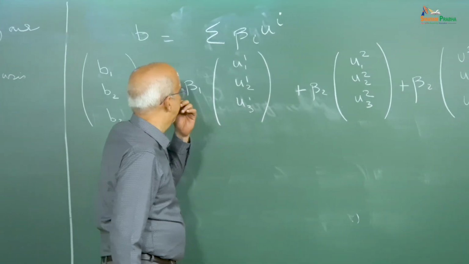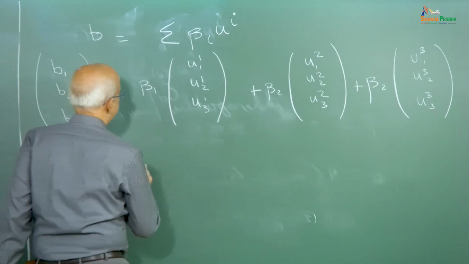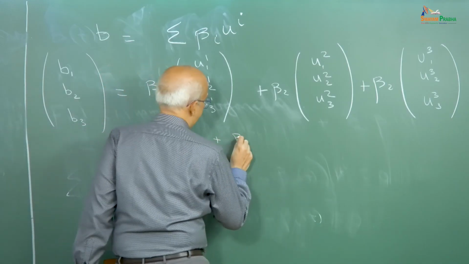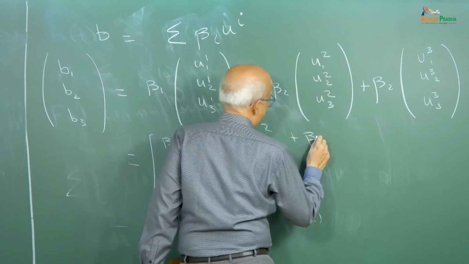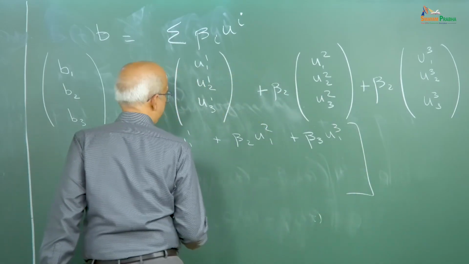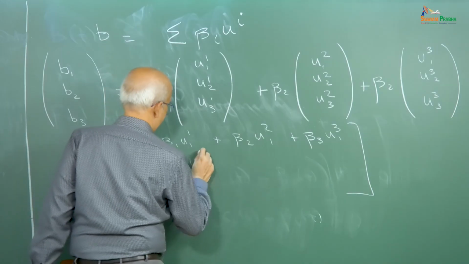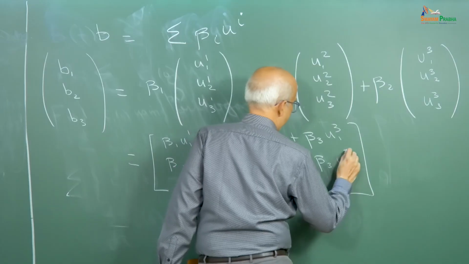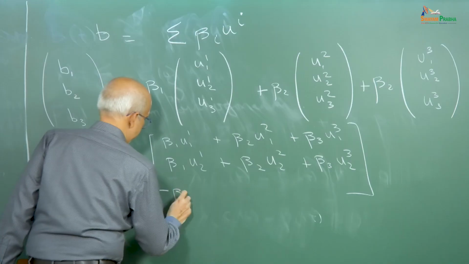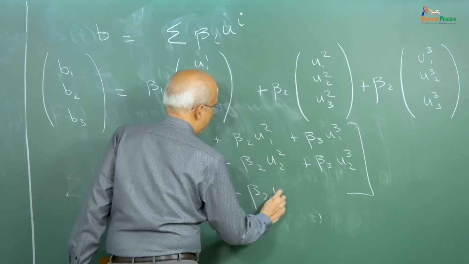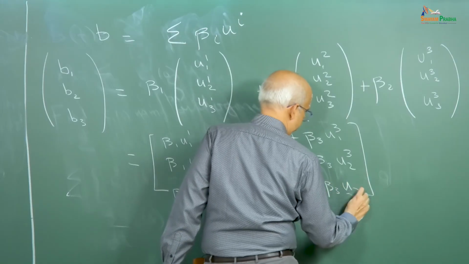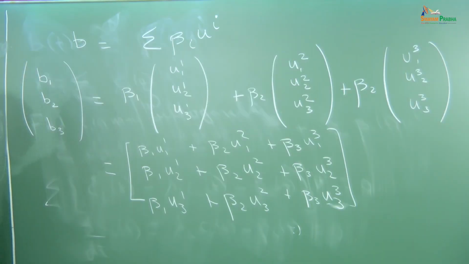Now the first element is beta 1 U11 plus beta 2 and so on. I just did the matrix multiplication.